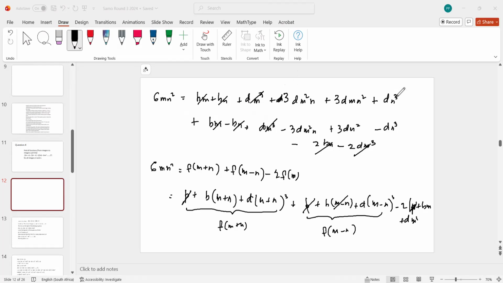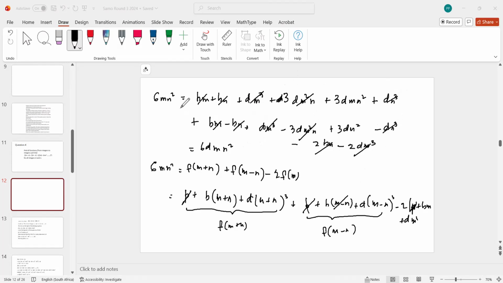You also have dn cubed minus dn cubed. That goes away. And here also you got 3dm squared n minus this. Everything goes away. The only thing that survives is this one here, and that is 6d mn squared.